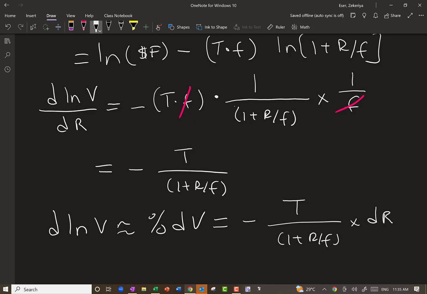I mean, if the interest rate changes by 10 percentage points, this probably is not a good approximation. But if it changes by 10 basis points, which is a basis point is 1% of a percent, okay? So one full interest rate point has 10,000 basis points. Think of it that way.